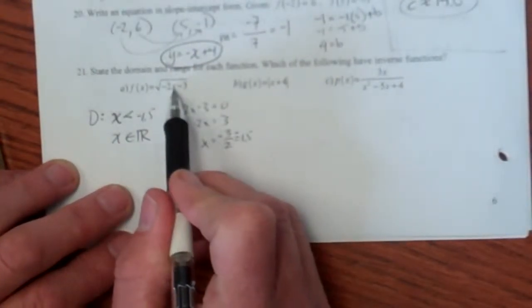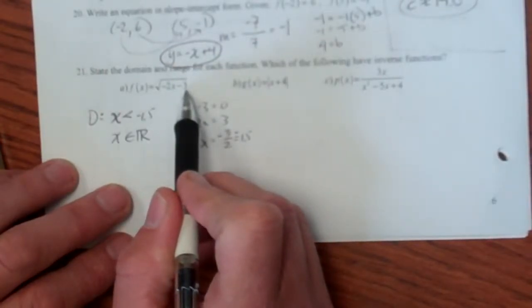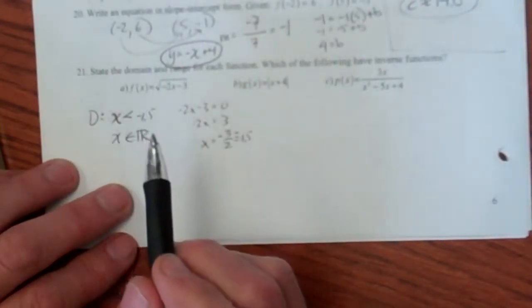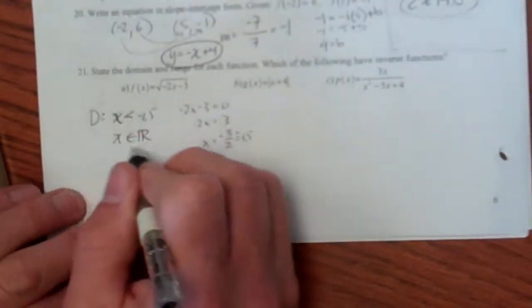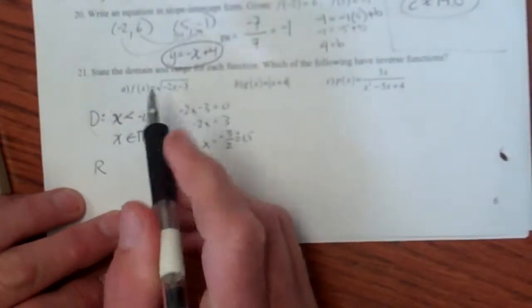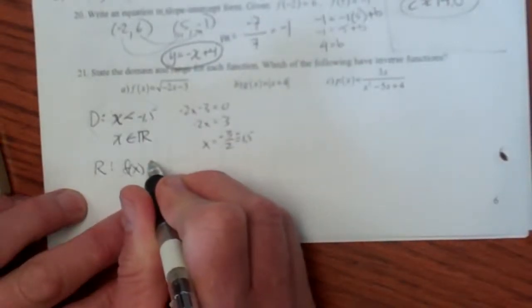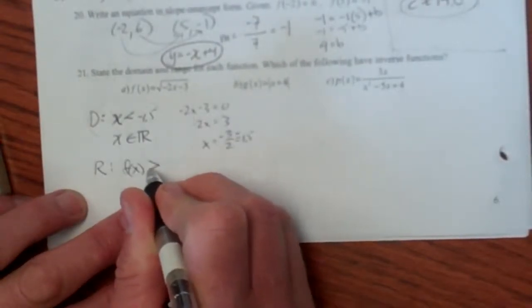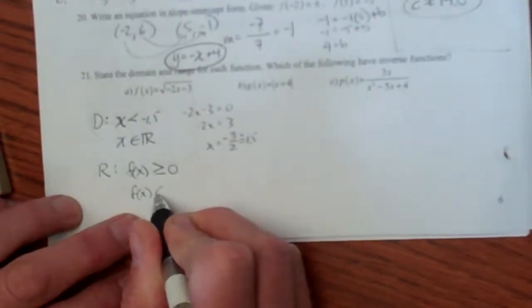Try negative 2. Negative 2 times negative 2 is positive 4. Positive 4 minus 3 is 1. So I can take the square root of 1. I'm good to go. So anything that's to the left of this. So there's the domain. The range then is just going to be what comes out. I can have my f of x's be equal to 0 or greater than or equal to 0. And f of x's are going to be members of the real numbers.